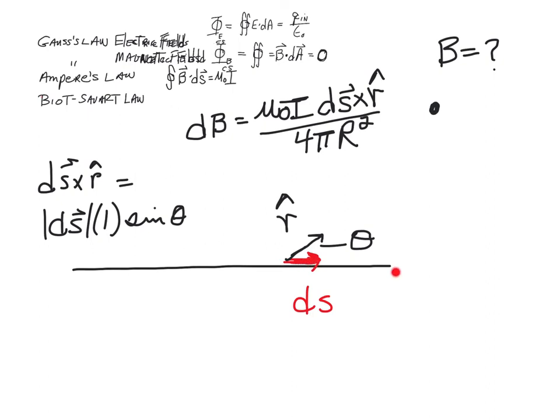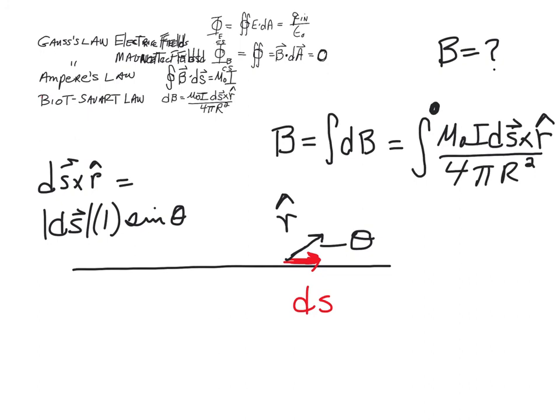But to get the field due to this entire wire segment at this point, we have to integrate both sides of that equation, and that gives us the integral form of the Biot-Savart law. So see if you can follow this. In other words, we take all possible dBs, we divide this wire into an infinite number of infinitesimal ds's, and we add them all together.